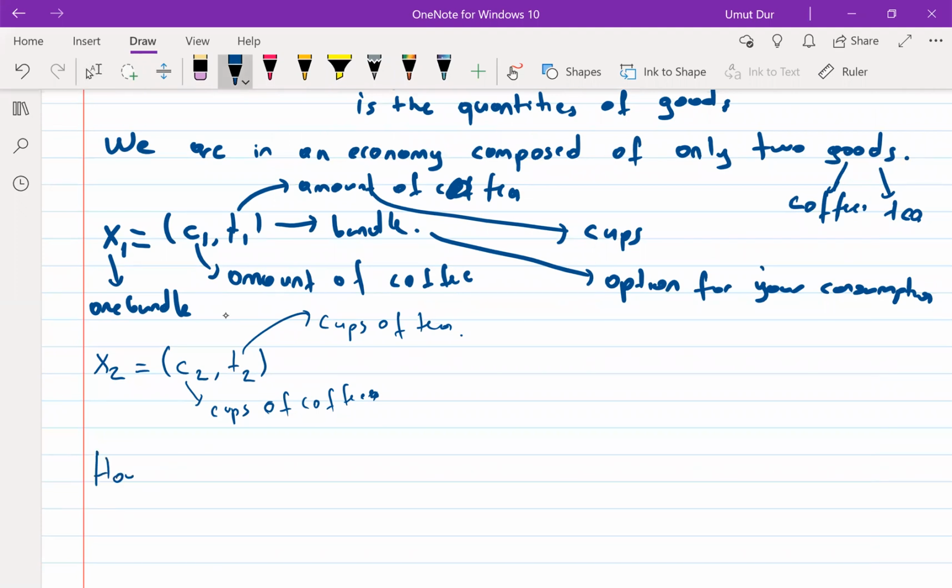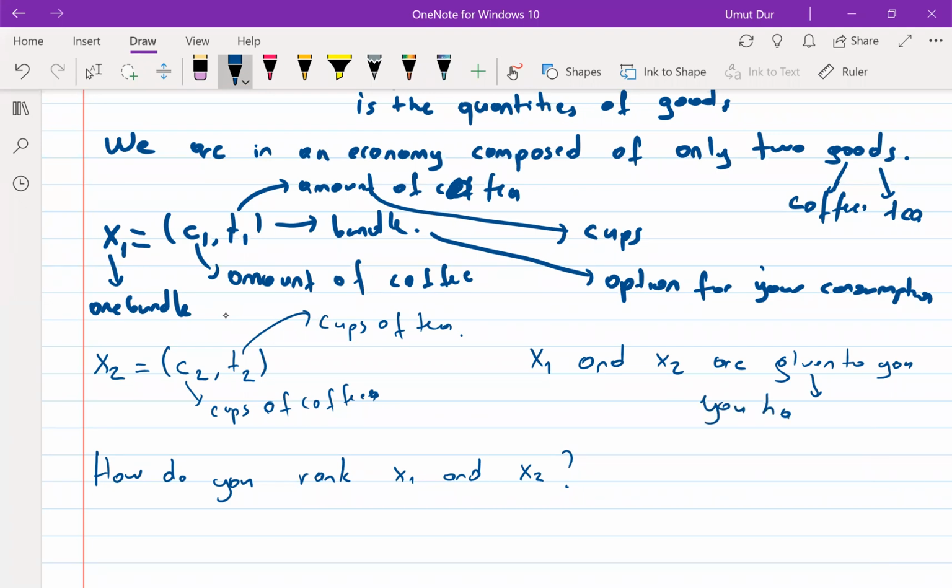how you rank x1 and x2. I'm giving you two different options here. So x1 and x2 are given to you. What do I mean by given? Basically you have these two choices, and then I ask you, which bundle do you want?